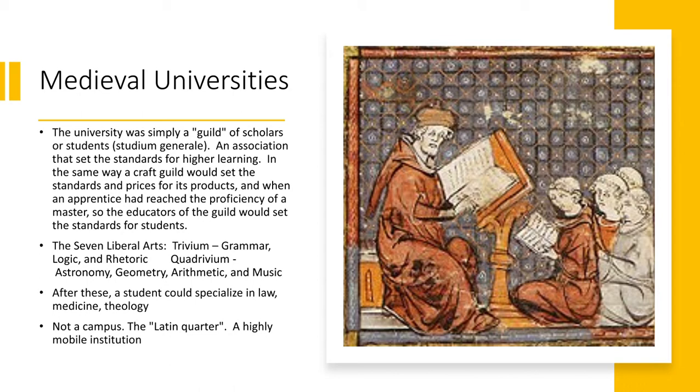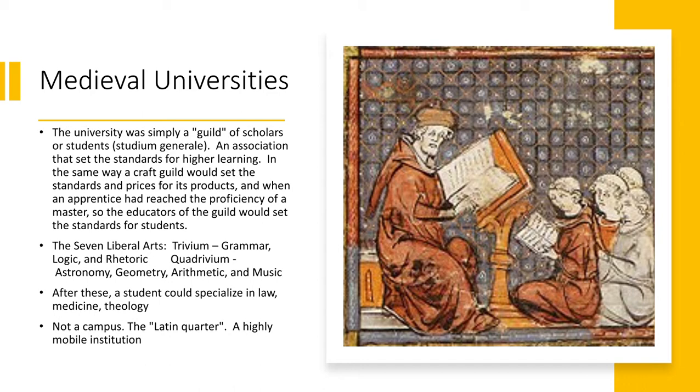And on the second floor would be a classroom for the university, and that was called the Latin Quarter. Why was that part of town called the Latin Quarter? Because it was where Latin was spoken, because that was the language of education. Everything's written in Latin, so the lectures were in Latin.